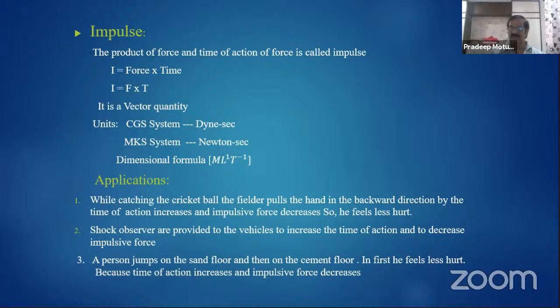The person who jumps on the cement floor can get injured. He feels more hurt. In both cases the impulse is the same, but depending upon the time and the magnitude of the force, the person suffers like that. Okay, this is about impulse.